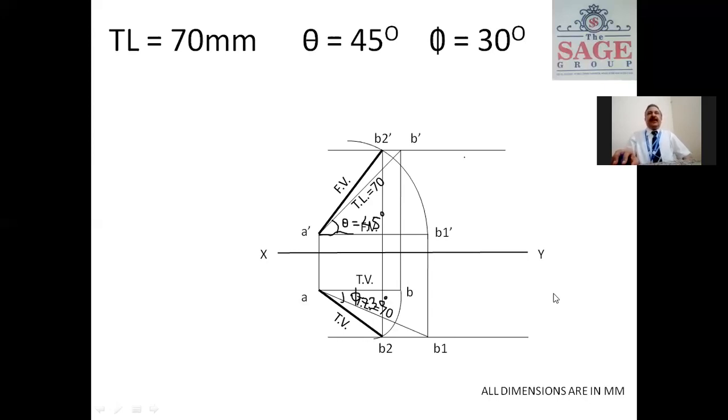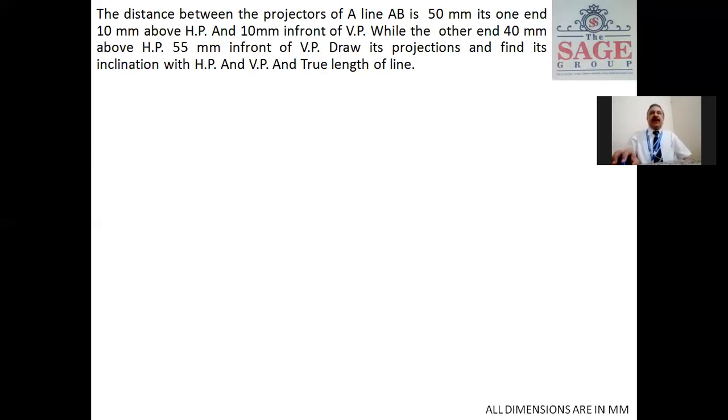Now we take another problem. This is just the opposite of the previous one. The distance between projectors is given, that is 50 mm. One end is 10 mm above HP and 10 mm in front of VP. The other end is 40 mm above HP and 55 mm in front of VP.